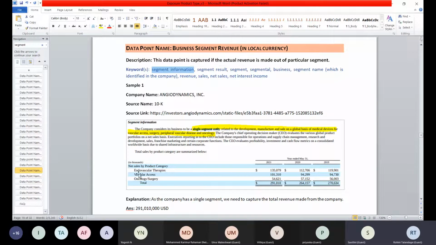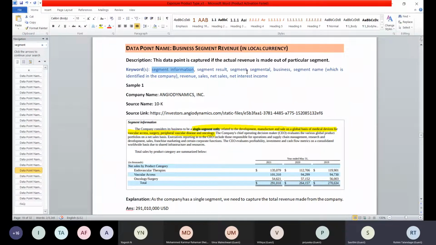Like here we have vascular access. If you search with that business segment name, you can get the revenue information related to vascular access. After that you can also search with segment result, segment revenue, net sales, or net interest income.